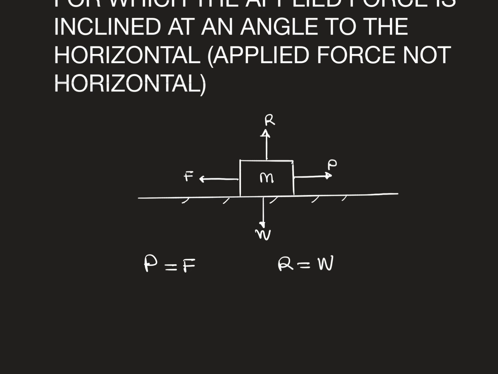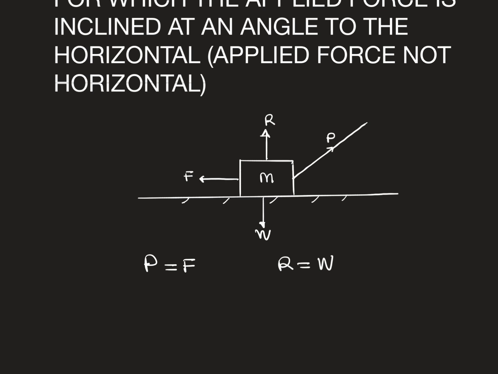But in this lesson, we want to discuss a situation for which the applied force is not horizontal, but instead is inclined. That is, we will have the applied force acting inclined to the horizontal.